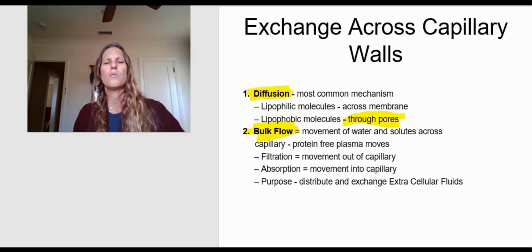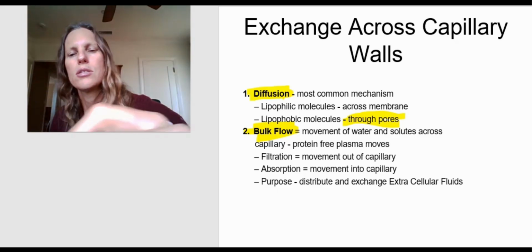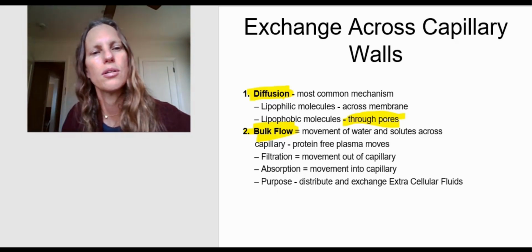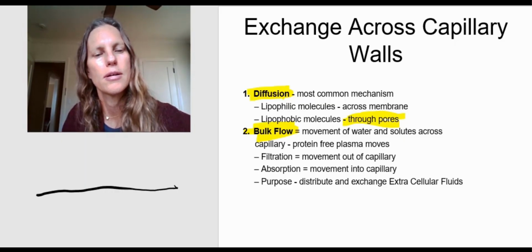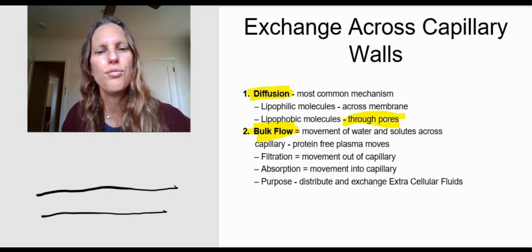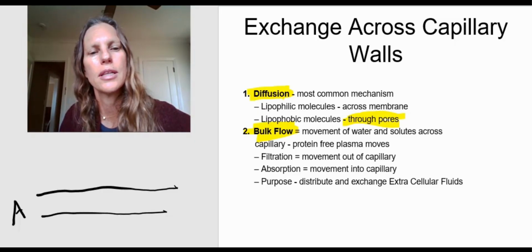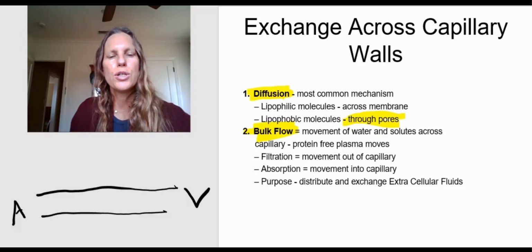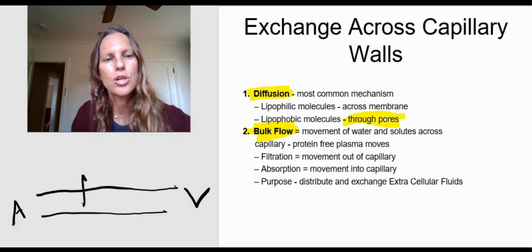Filtration refers to the movement out of a capillary. So let's see if I can draw that over here. If this is a capillary, this is the arterial end of the capillary, and that would be the venous end of the capillary. If we were to move through those pores a bunch of water and solute out, that would be called filtration.